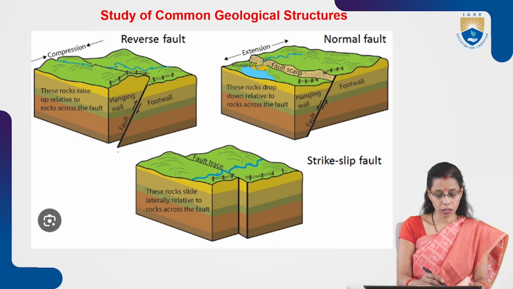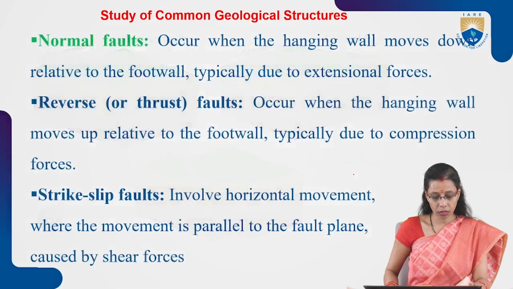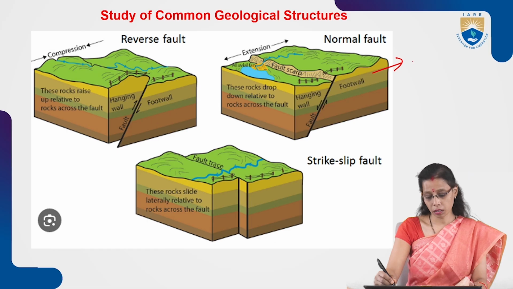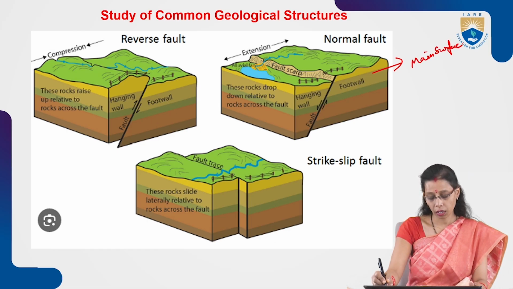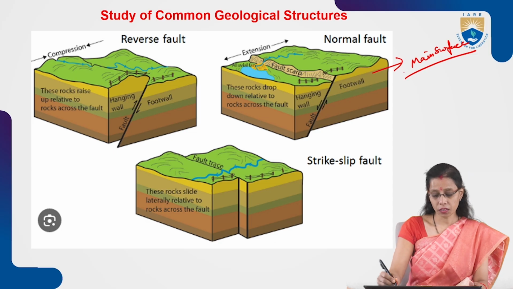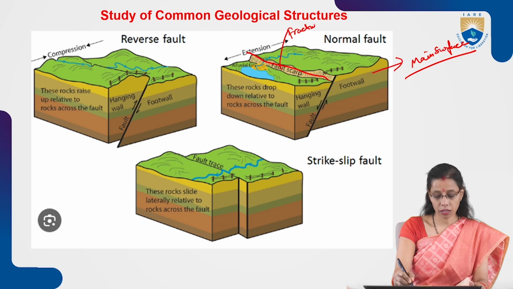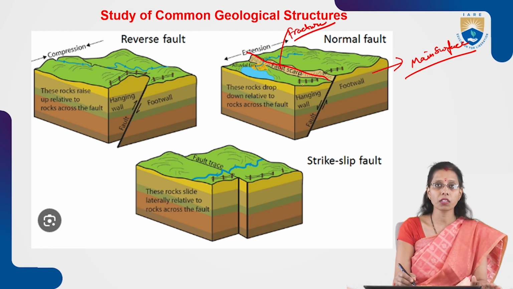You can see here, this is the main surface, part of the land. From this there is a fracture here, we call it a fracture. So this fracture is basically a fault. A fault is basically a fracture in the earth surface.